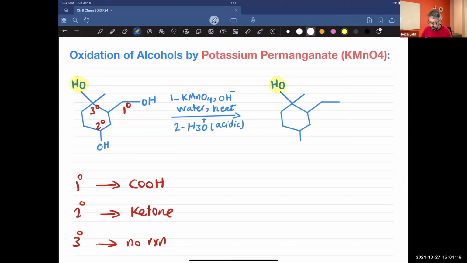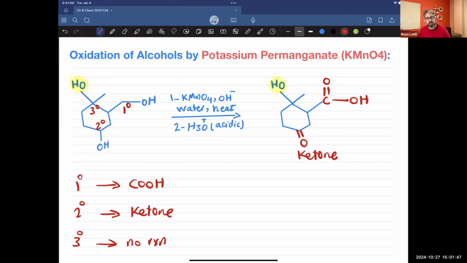Now, how about the primary? Primary, it will turn to a carboxylic group. So I will have a carboxylic group here. And the secondary, it will turn to a ketone, so a double bond here. This one will be the ketone.